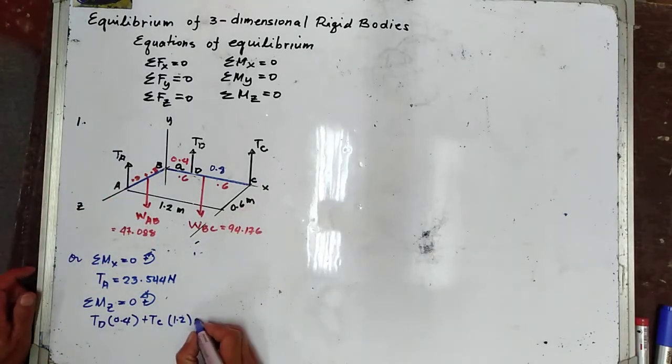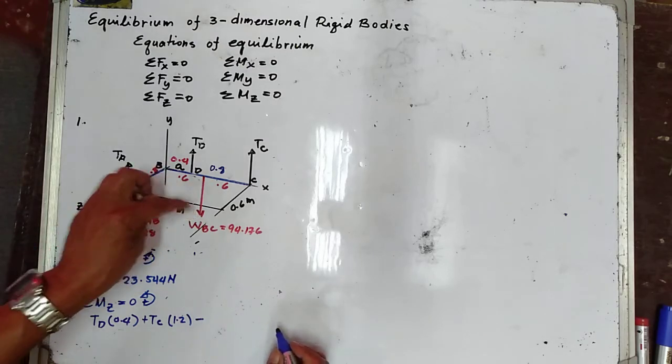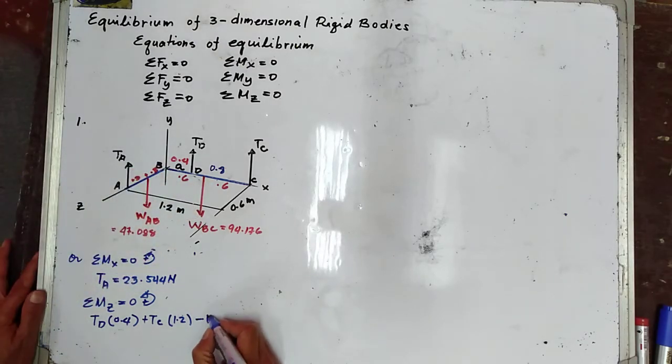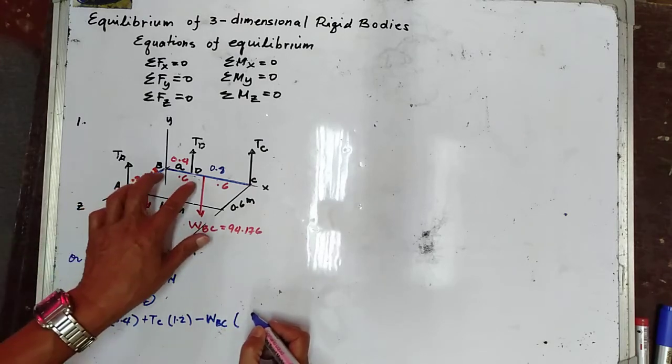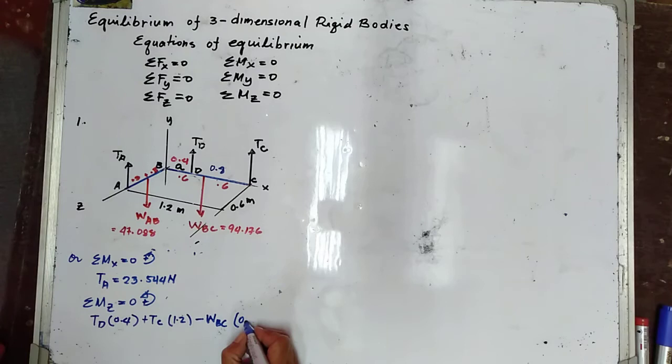And then we have minus WBC, the moment arm is 0.6, and this is equal to 0.